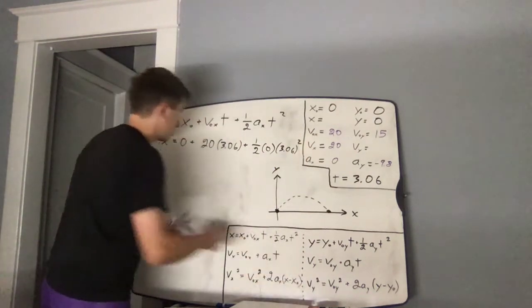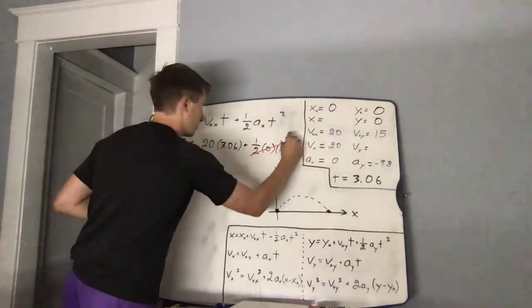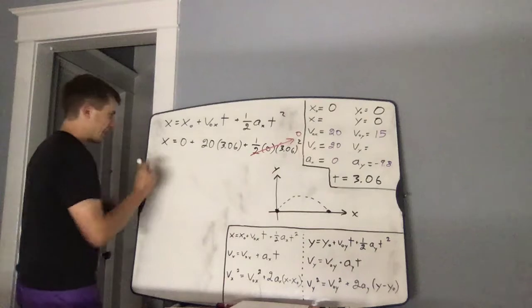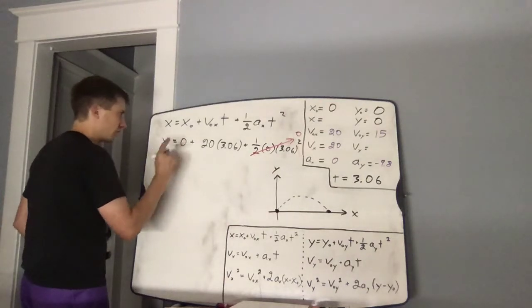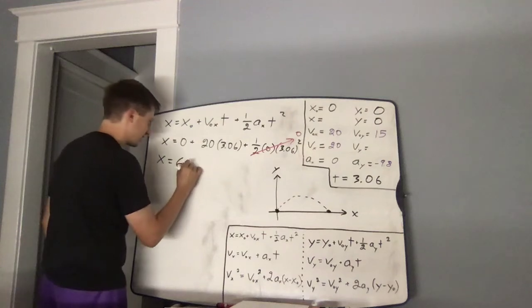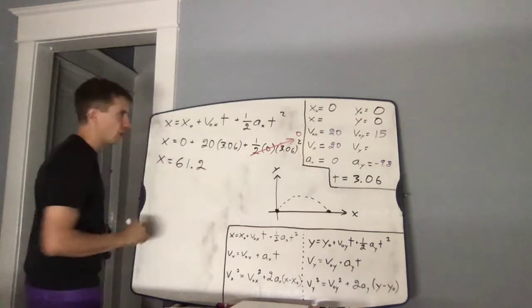And I look at this right away. This term is just 0, so I don't need to worry about it. So I get x is equal to 20 times 3.06. x is equal to 61.2 meters away.